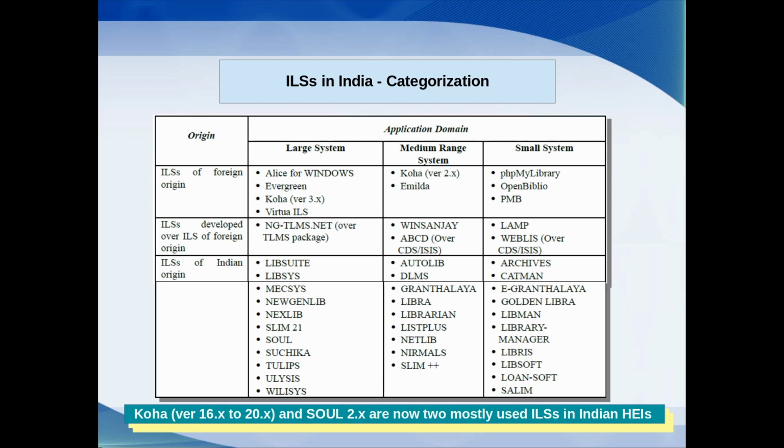So it's a heterogeneous mixture of ILSs as far as Indian universities are concerned, but for the last 4 to 5 years one particular trend is coming. Most of the Indian universities are using either Koha version 16.x to 20.x or SOUL 2.x. These two are the mostly used ILSs in Indian higher educational institutes.